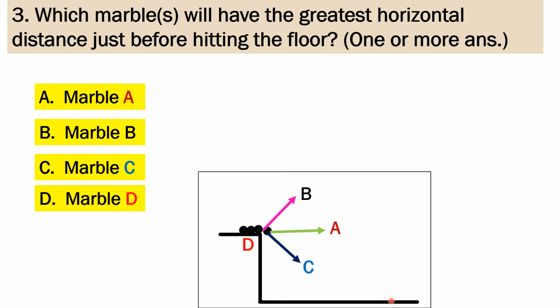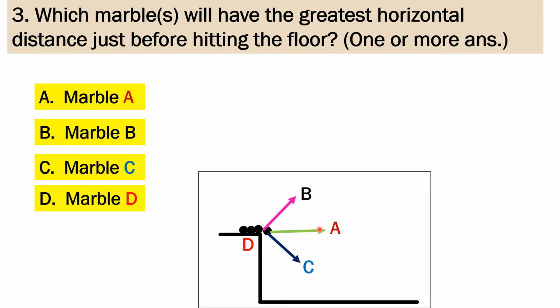And for marble C, since marble C has already an initial downward velocity, unlike marble A, which has no initial downward velocity component, marble C already has a non-zero downward initial velocity, and that helps marble C to reach the floor much earlier compared to marble A, isn't it?